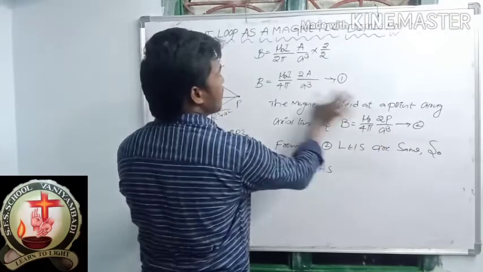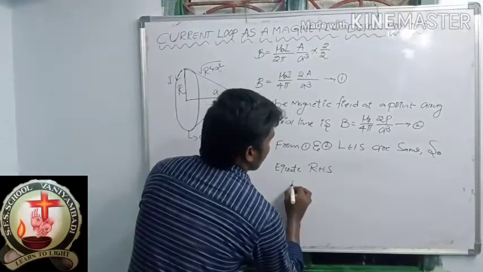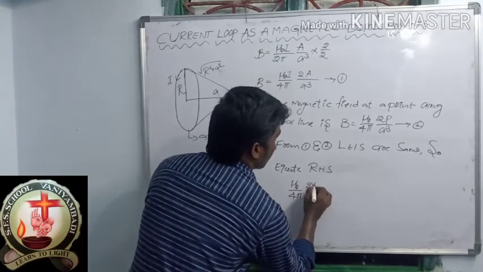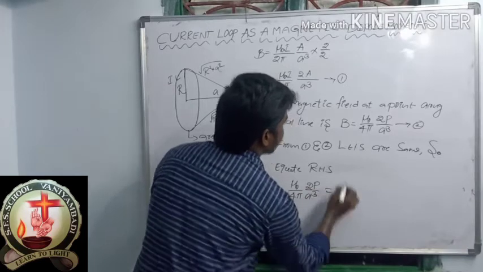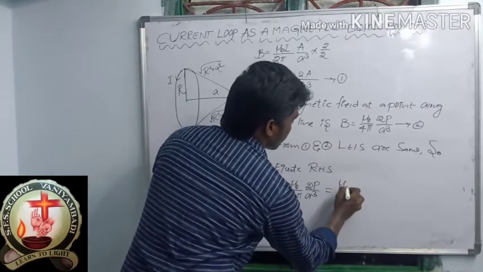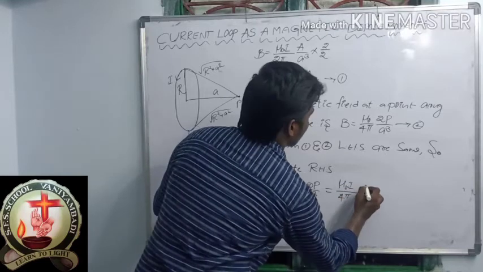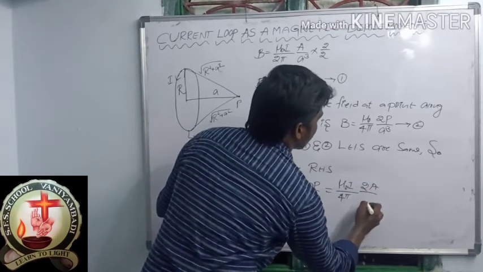What is the RHS? This value and this value. Now mu naught by 4 pi 2 p by a cube is equal to mu naught I by 4 pi 2 A by a cube.